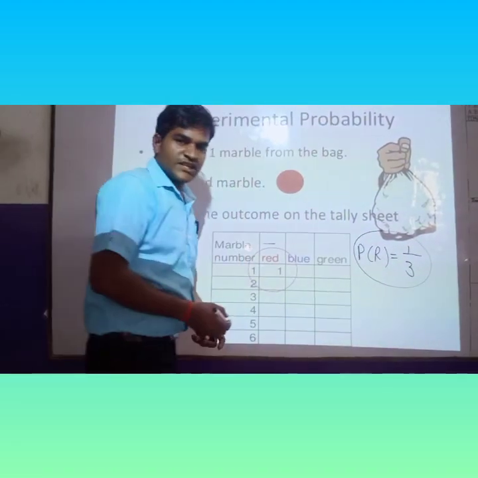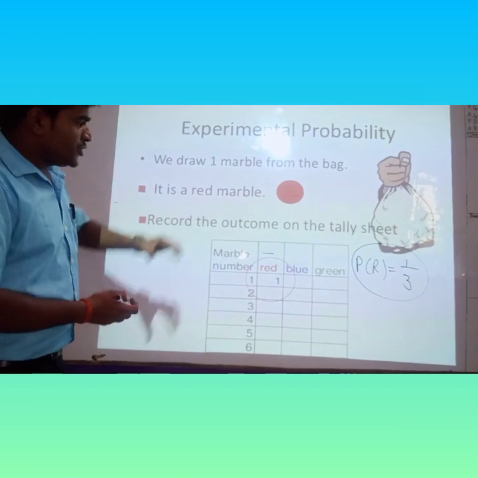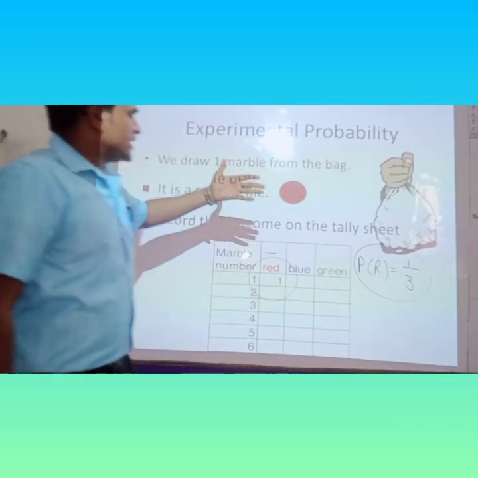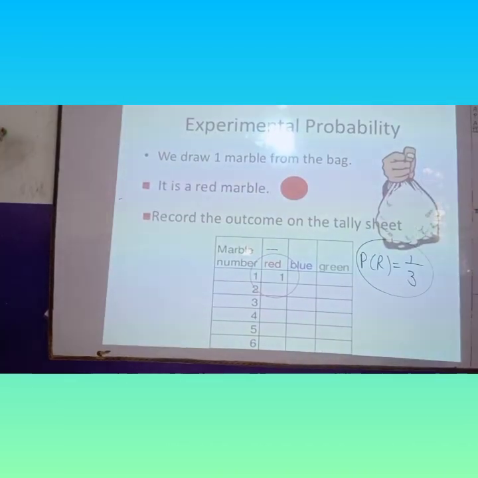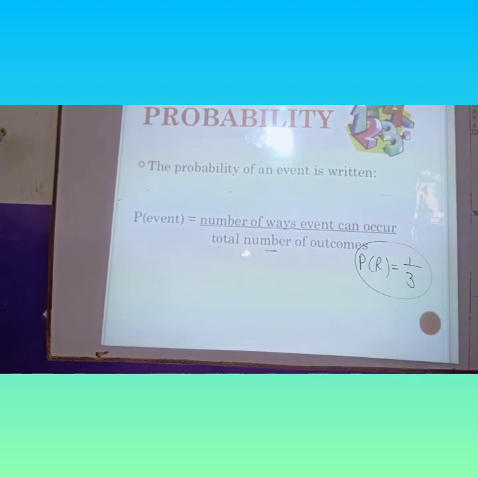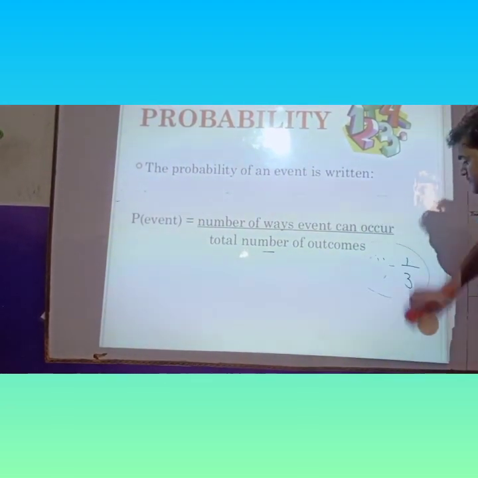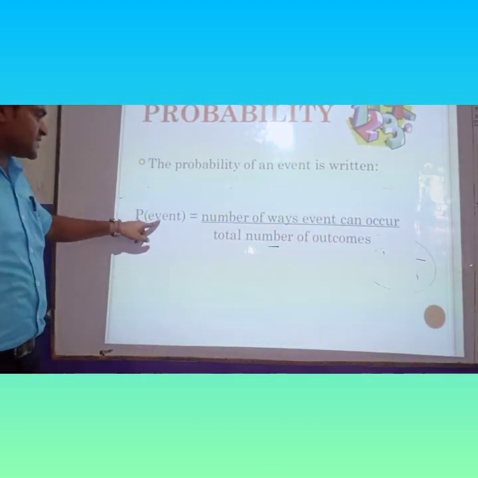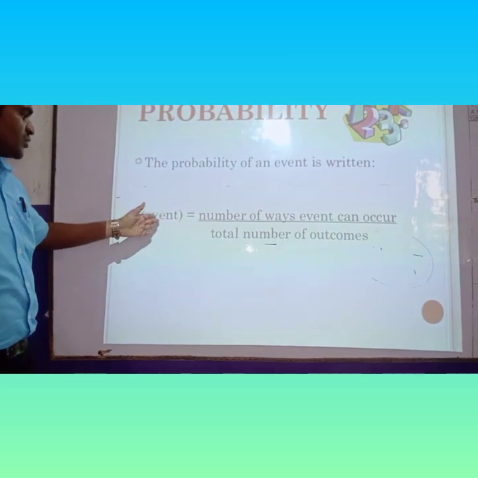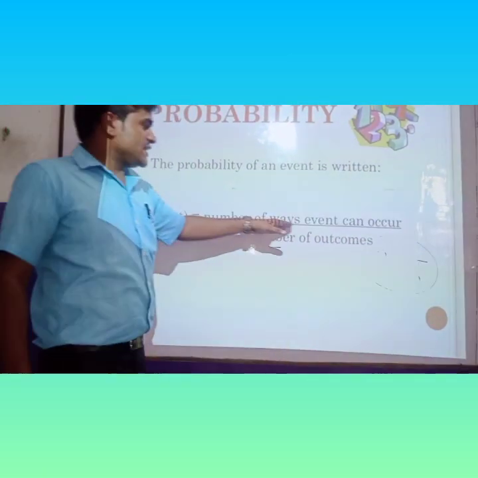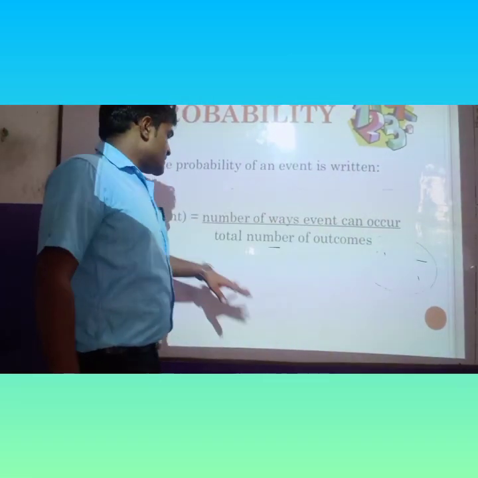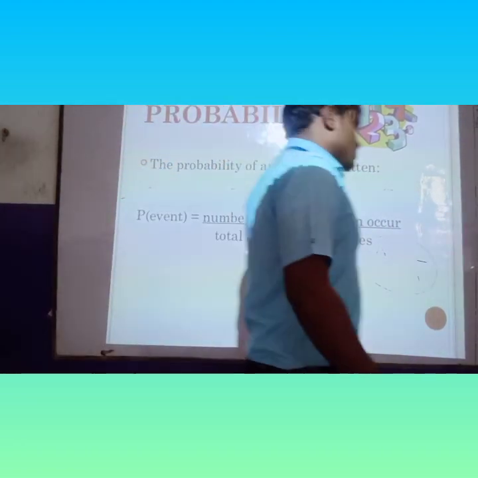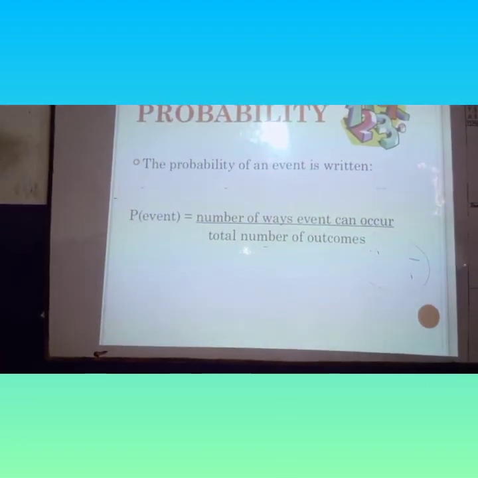Yes children, now we are going to tell you the formula of probability. P of event, where P means probability. The formula is the number of ways in which the event can occur upon the total number of possible outcomes.